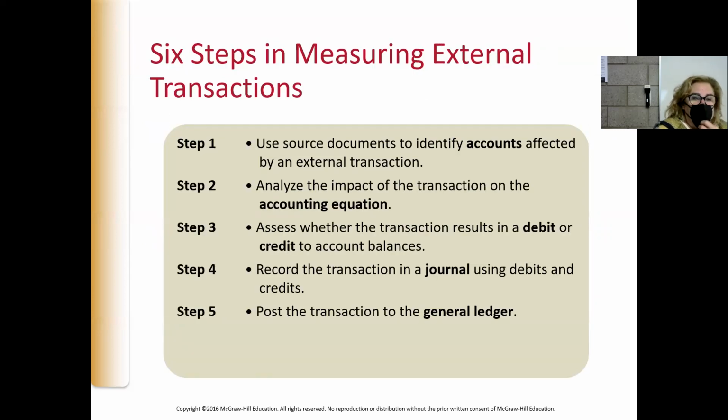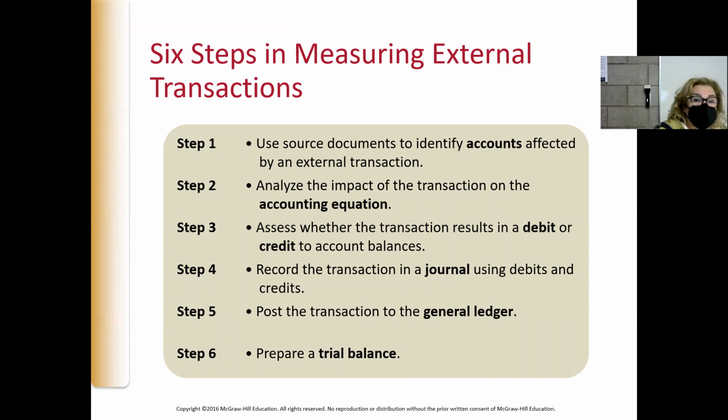So the first steps we are going to do for this week is we're going to find the source documents related to these transactions we're looking at. We're going to talk about what's going on here. What's an account that's being affected and how is it being affected? Is it going up? Is it increasing?